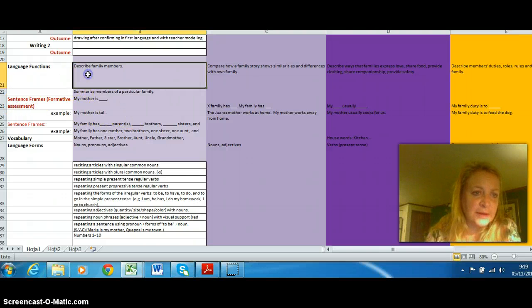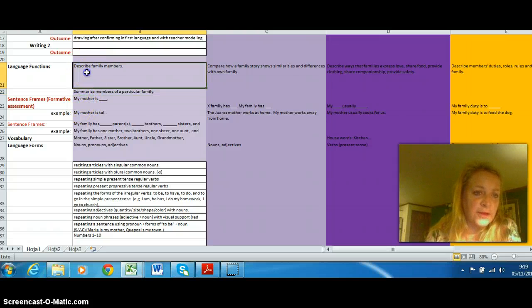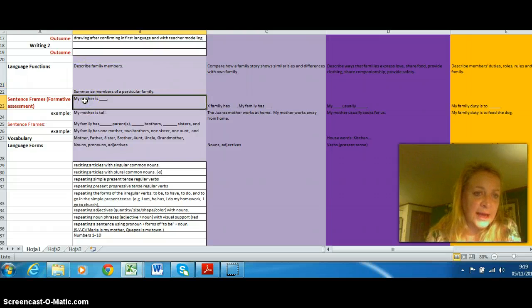So here's, for example, on this one, there's one language function and then a second language function. Not all of them will have two language functions, but this one does, and which I thought would be a natural outcome. So for this one, describe family members, I put together a sentence frame, would be the output that we would expect the students to give.